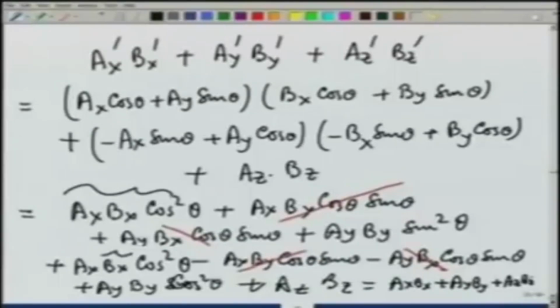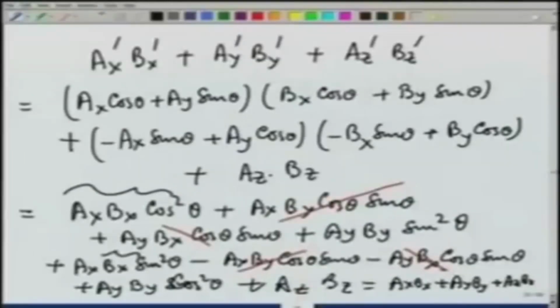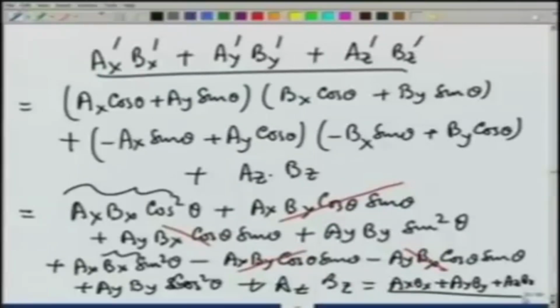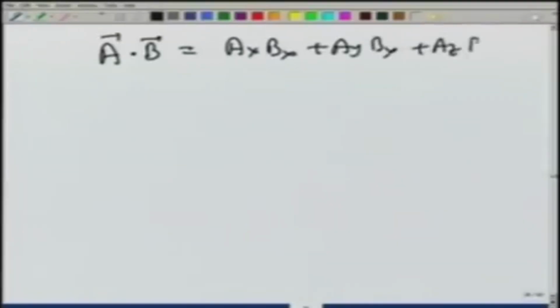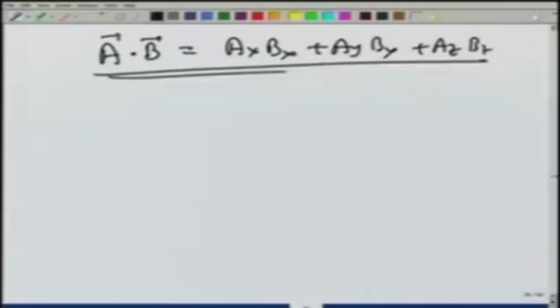So, what I showed you just now by transforming the different components is that a_x prime b_x prime plus a_y prime b_y prime plus a_z prime b_z prime, even under transformation, remains the same as a_x b_x plus a_y b_y plus a_z b_z, and therefore this is a scalar quantity. That is precisely why we take this particular combination a_x b_x plus a_y b_y plus a_z b_z and call this a scalar product.